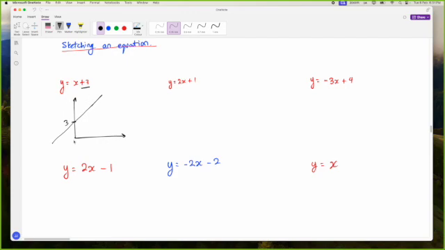Now it's just a sketch. You're not going to be exact as to how steep the line is sloping. This is y and this is x here. If we look at this one here, we should probably make one more note.